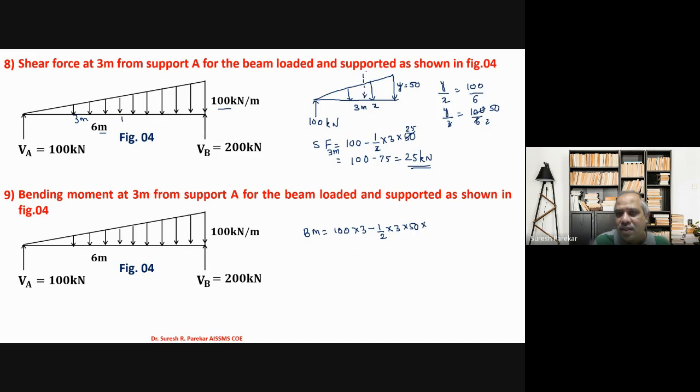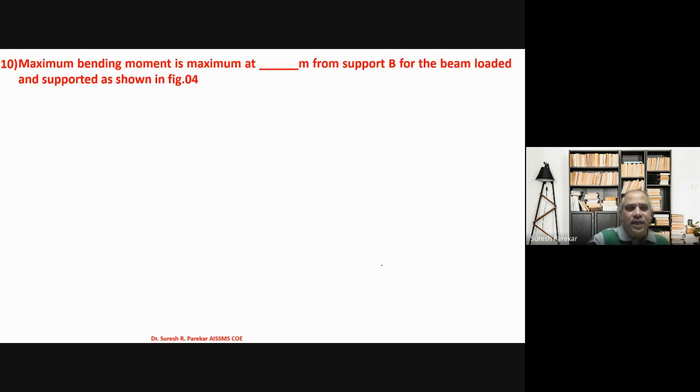We have this distance from the right angle, so this will be 1/3 of 3, and that is 1 meter, and therefore into 1. Then we will get 300 minus 75, and we will get 225 kilonewton meters.